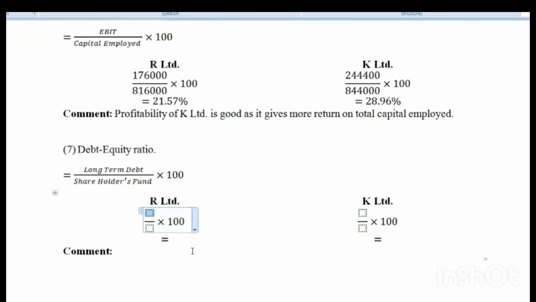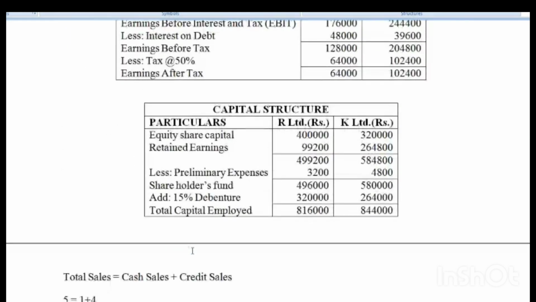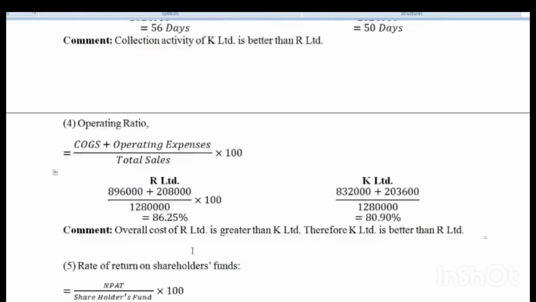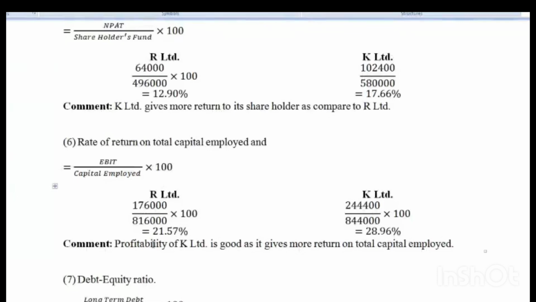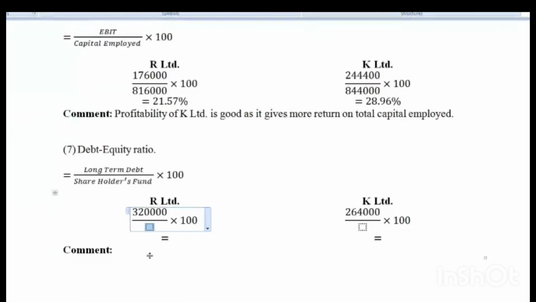How many debentures do we have? In the first company debentures are 320, in the second 264. And what is shareholders fund? Already we have mentioned above: 4,96,000 and 5,80,000.